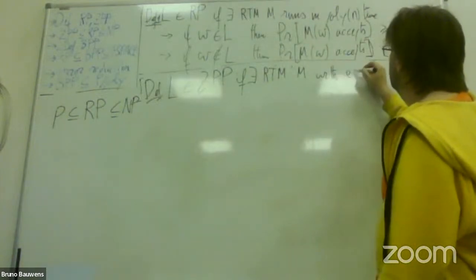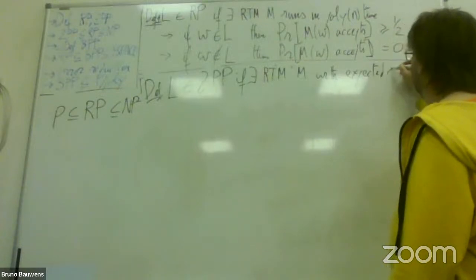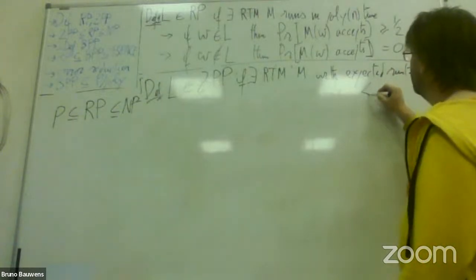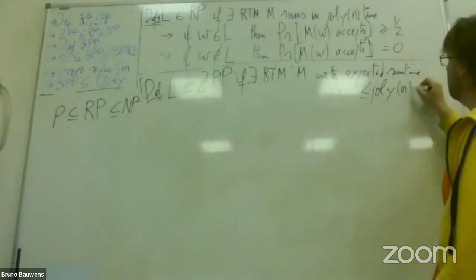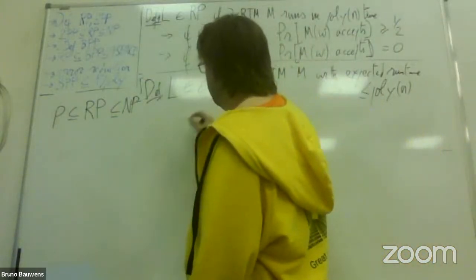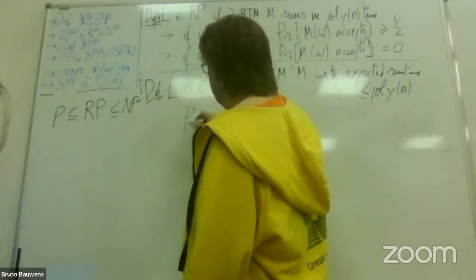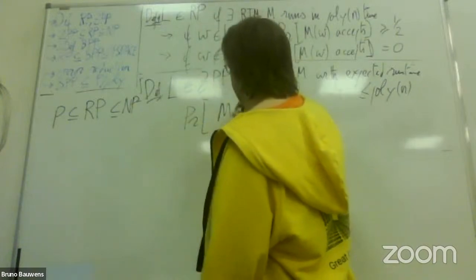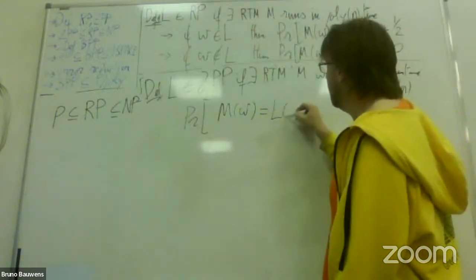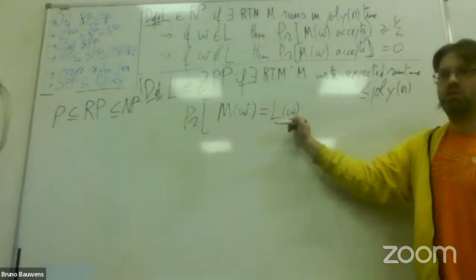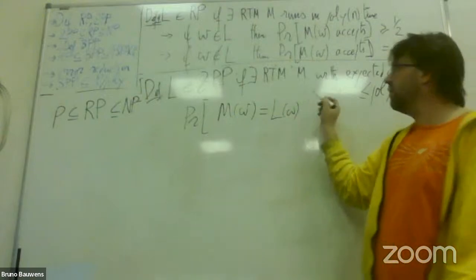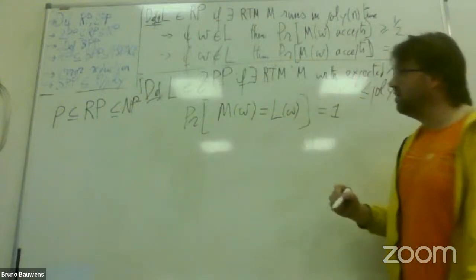with expected runtime at most some polynomial of n, and with probability 1, M(W) equals L(W). Here I mean the characteristic function, which is 1 if W is in the language and 0 otherwise.